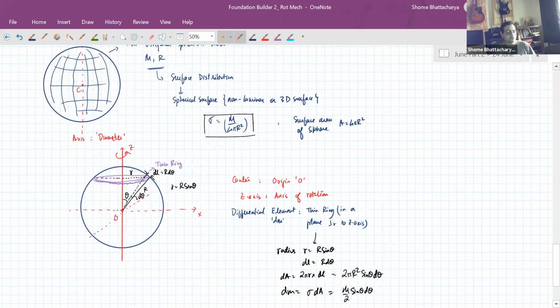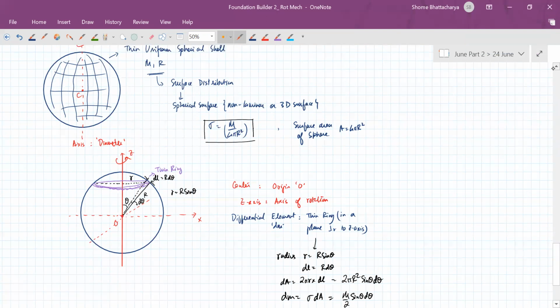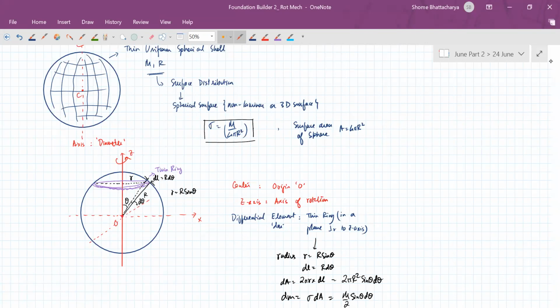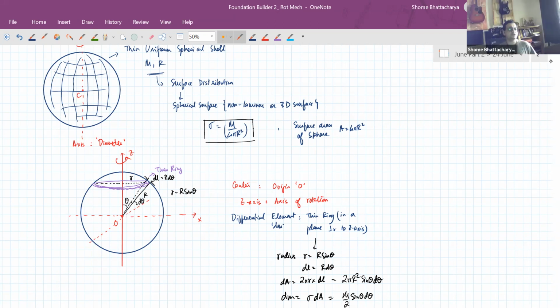So we got the mass of the thin ring in terms of its angular position theta and its angular thickness d theta. Sir, can we take that theta with respect to the x-axis? Yeah, you can do that also. Only the way you take the limits will change.